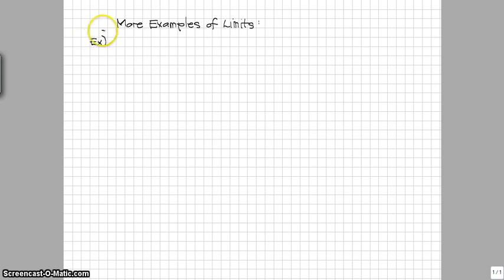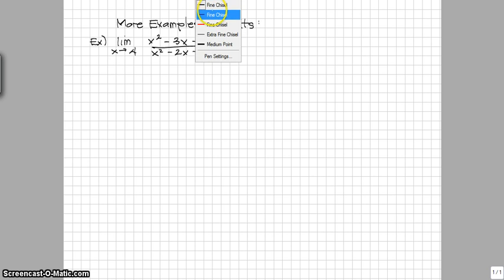The first example is going to be the limit as x approaches 4 of x squared minus 3x minus 4 divided by x squared minus 2x minus 8. And what I want us to think about first is what will happen if I plug in 4.